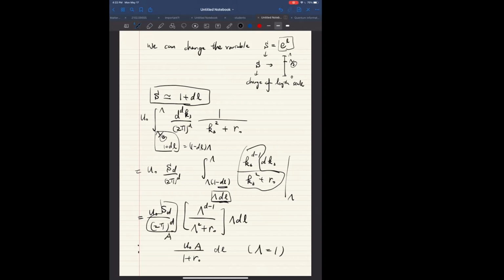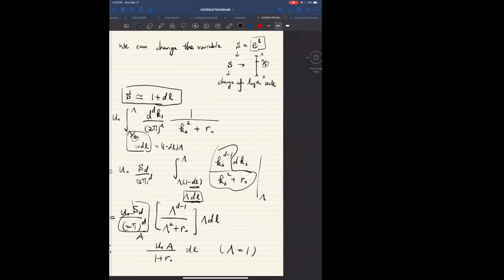Now we can start from this one. This term is for small r naught, the free massless point, so it corresponds to the massless point.